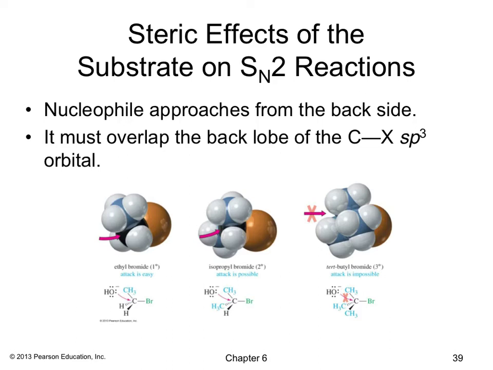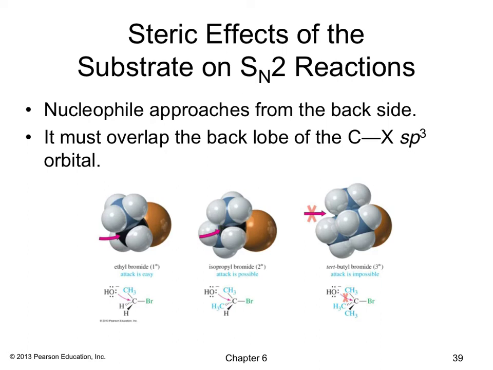There are steric effects of the substrate on SN2 reaction. In general, the nucleophile comes from the backside of the carbon, and then it undergoes a ring flip or Walden inversion, which we'll talk about in a bit. And so it must overlap the backlobe of the C-X sp3 orbital right here.